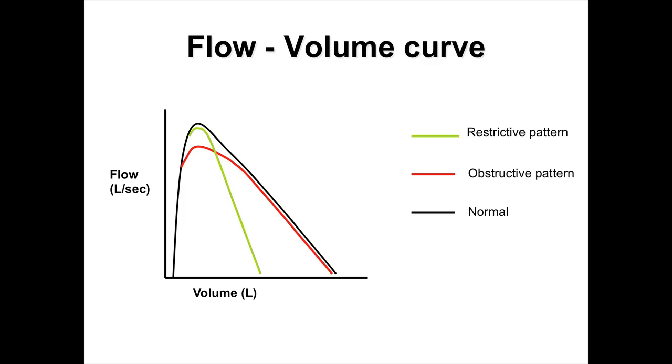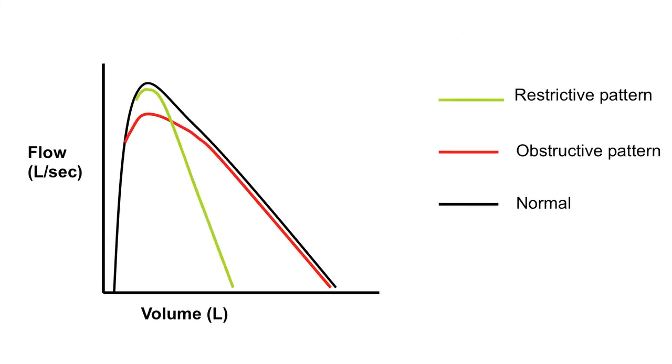This is just a simple diagram which I've drawn to illustrate the differences in the flow volume curve in a restrictive and an obstructive disease and that of a normal patient. In obstructive lung disease, there's airflow limitation, for example in asthma or cystic fibrosis. There's a lower peak during expiration than a normal patient.